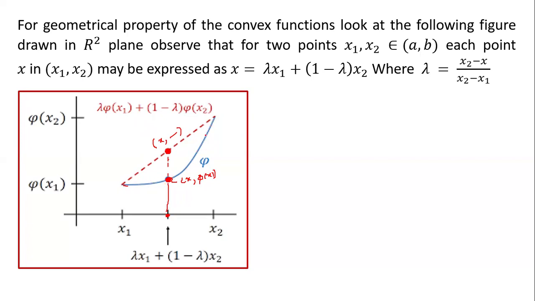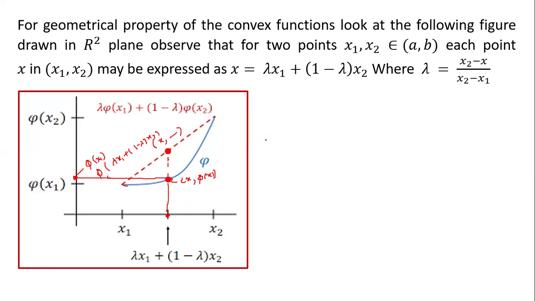The blue curve drawn is the curve phi. So if this is the point phi of x, that means this is the value in front of this, say here. This is your phi of x. That means this is the value phi of lambda x1 plus (1 minus lambda) x2, the left-hand side of the inequality of the convex function.